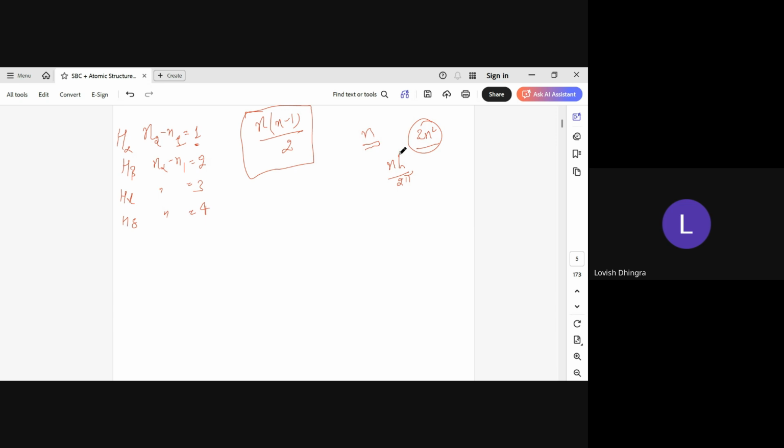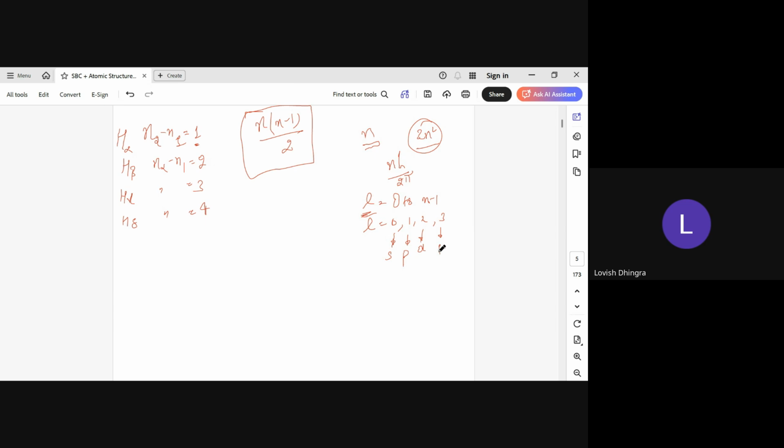Next comes the azimuthal quantum number. This was proposed by Sommerfeld. It is denoted by the L value, which ranges from 0 to n minus 1. Various L values you can have; I think you all might know L is equal to 0, 1, 2, 3. 0 is for s orbital, 1 is for p, 2 is for d, 3 is for f.